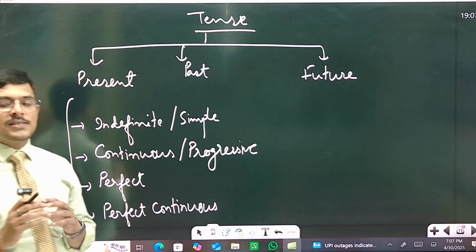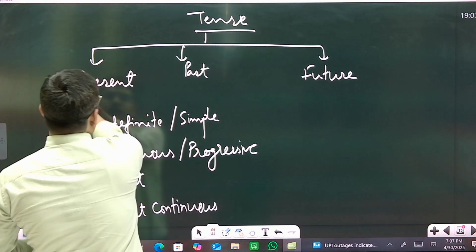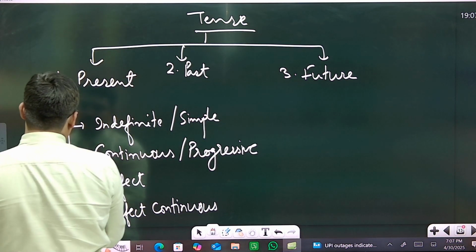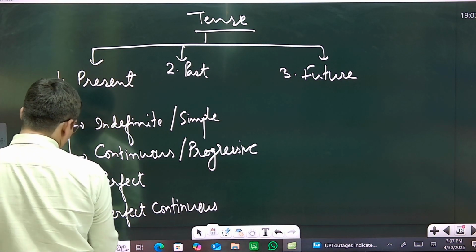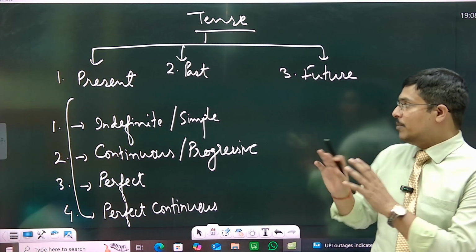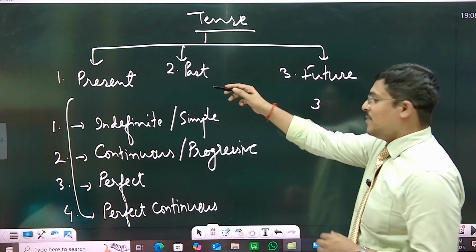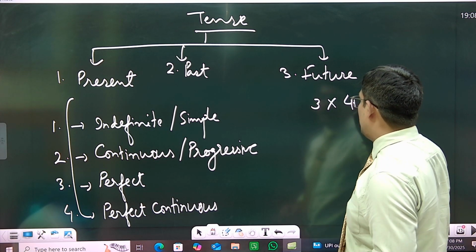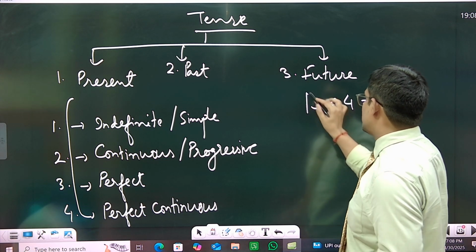So as we can see here, we have got three types of tenses, 1, 2, and 3, with four subdivisions or subcategories. So now, if we multiply three types of tenses with four subdivisions, we have 12 different tenses to study.